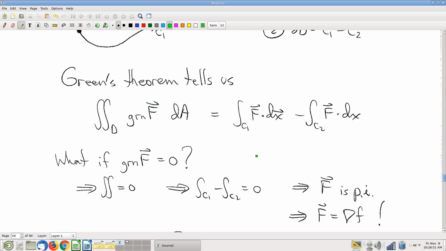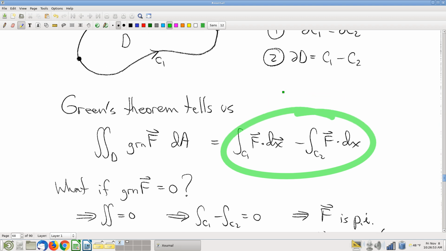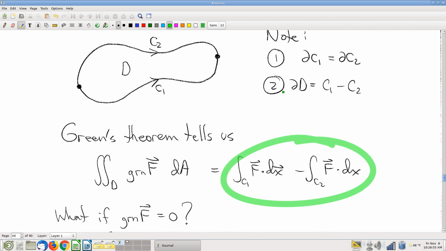If the difference is 0, that means that no matter what two points I pick, the two different curves by which I can get from one point to the other give me the same line integral. That's what path independent means.